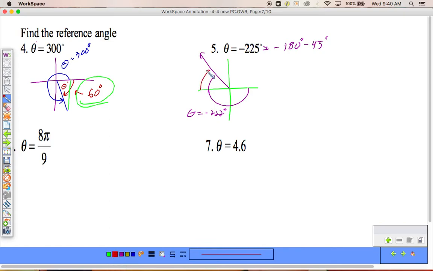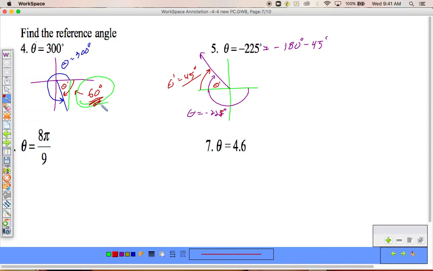Now, this angle theta prime is my reference angle. If I rotated negative 225, that means I went negative 180 and an additional 45. So my reference angle, my theta prime, is a 45-degree angle because it was 45 degrees past 180.